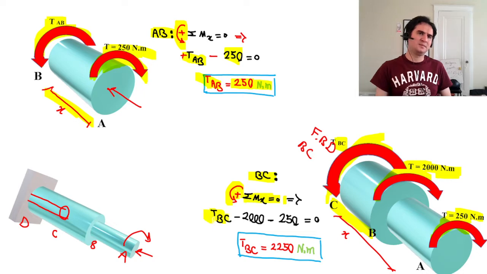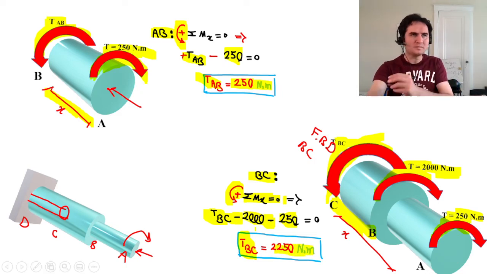That gives us a positive TBC counterclockwise minus 2000 Newton meters from the problem statement that applies at B, and minus again the clockwise torsional torque of 250 Newton meters, and that gives us the torsional torque of part BC as a positive 2250 Newton meters.